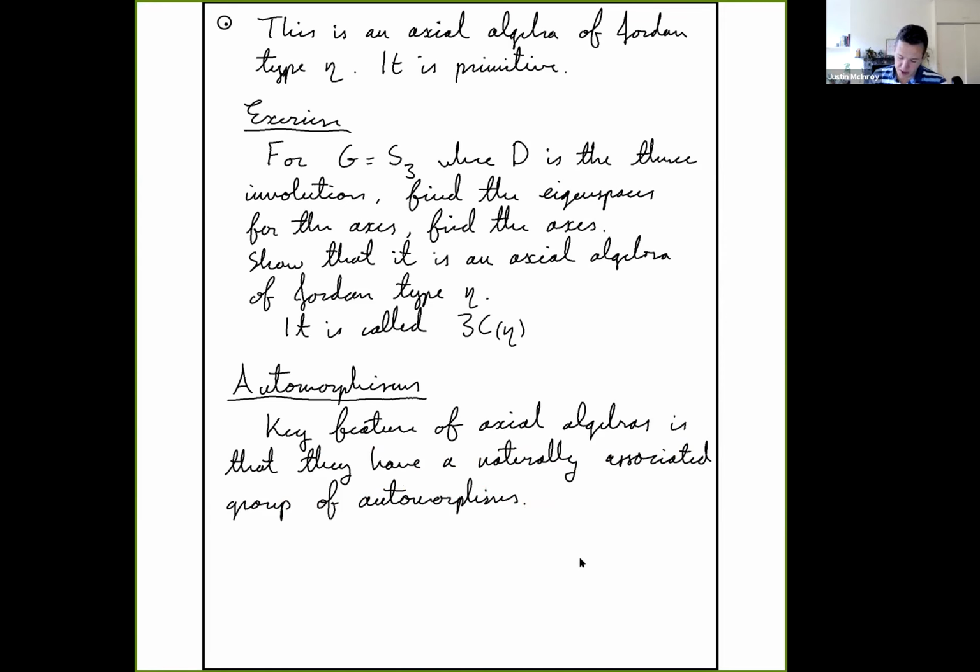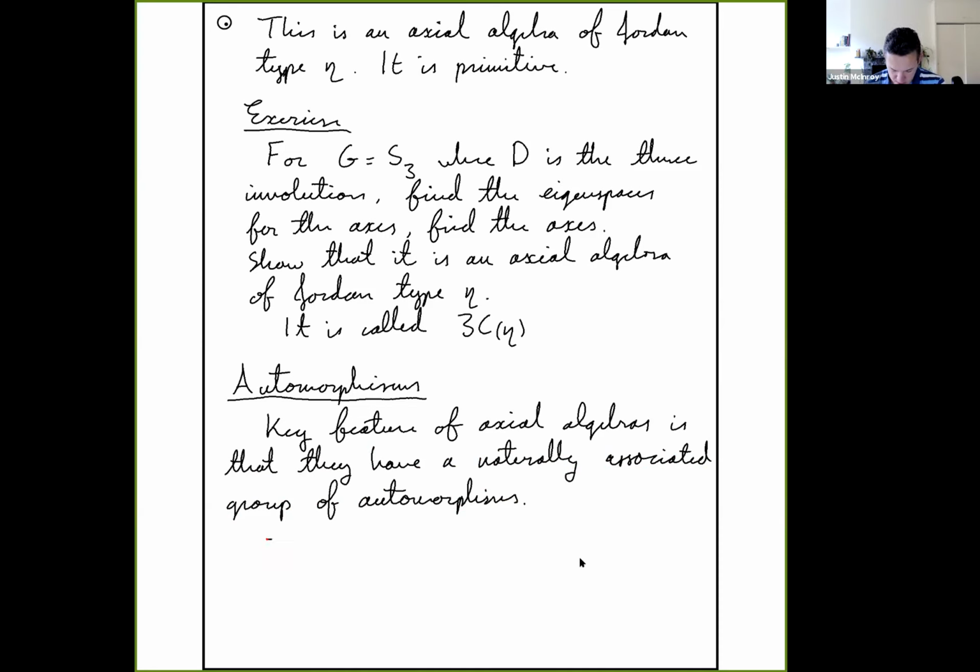So I guess the key words here are, I'm not taking all the automorphisms, I've got some subgroup, but the key word is naturally associated. So that's what I want to tell you how to get now.